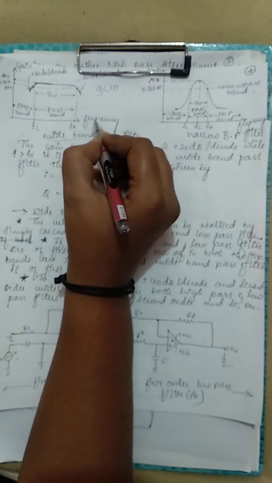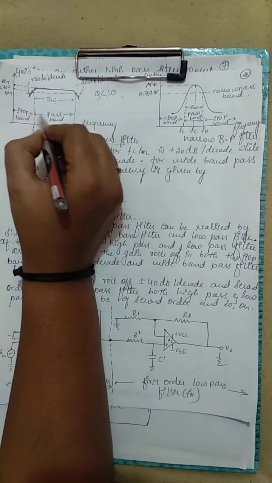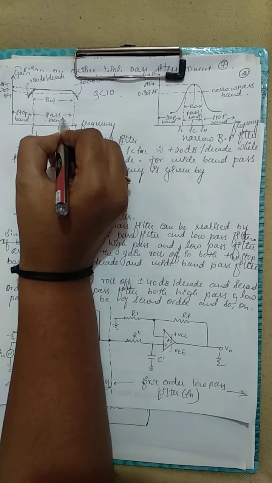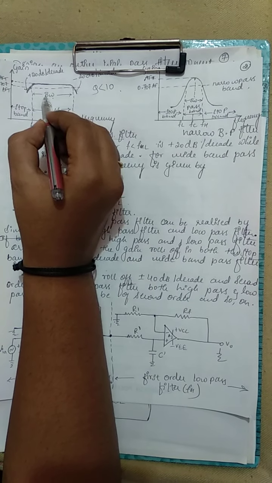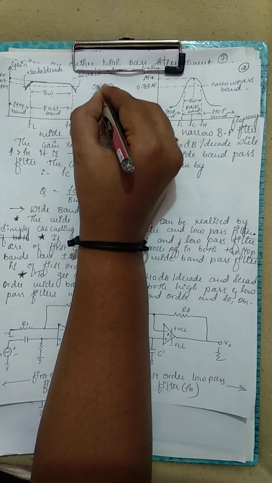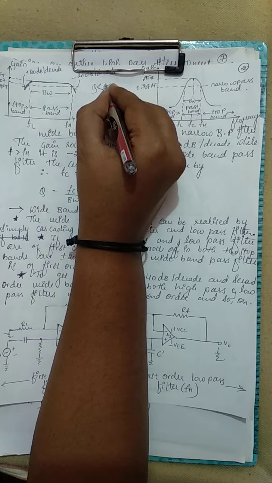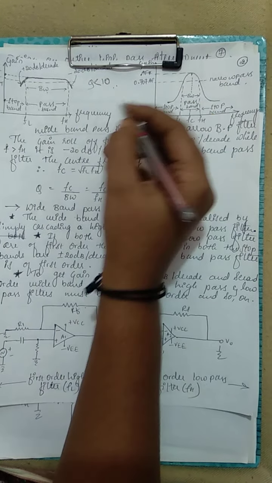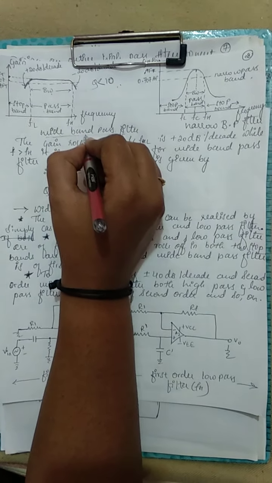In this type, the pass band is wide and the bandwidth is very large when the quality factor Q is less than 10.